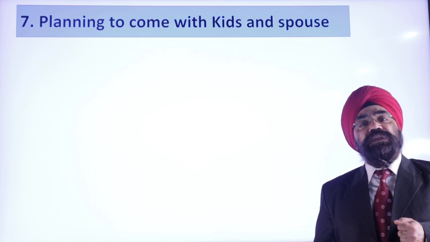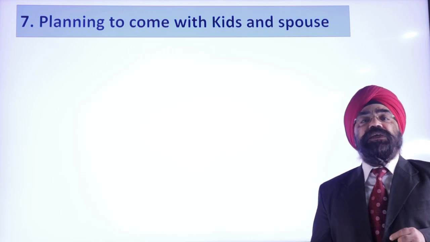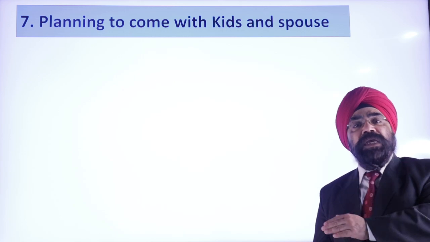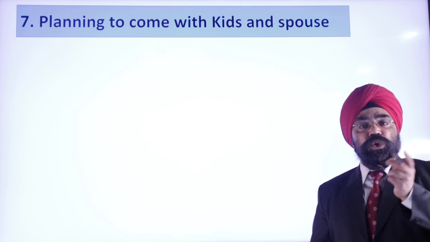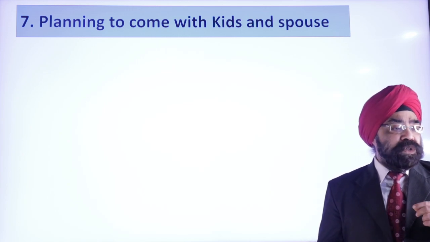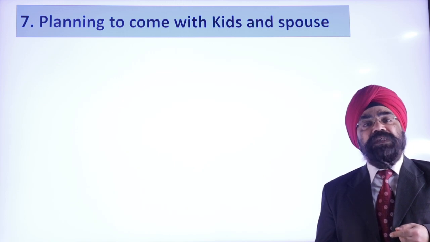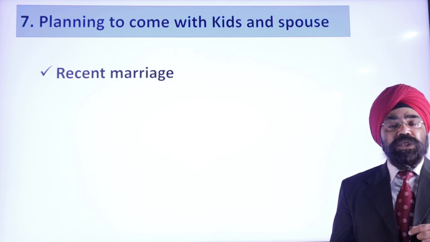Do you think the visa officer is a fool? The visa officer understands this is a fake marriage, and a way to come to Canada and bring your so-called spouse. So a recent marriage and planning to come on a study visa means high chances of refusal.